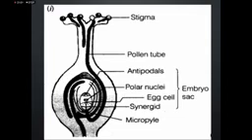Among them, a few germinate, and one of them produces a pollen tube towards the ovule through the micropylar end. That is, this pollen tube moves through the style and reaches the micropylar end, bursts one of the synergids and releases the two male gametes into the embryo sac.